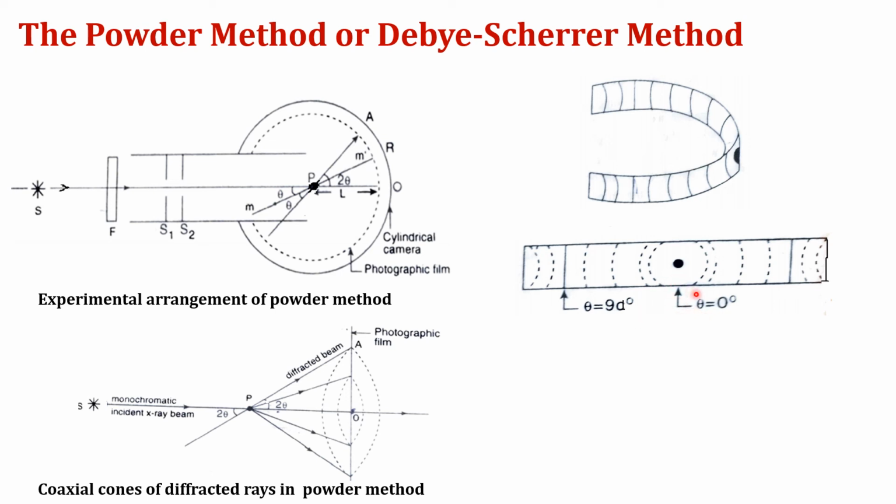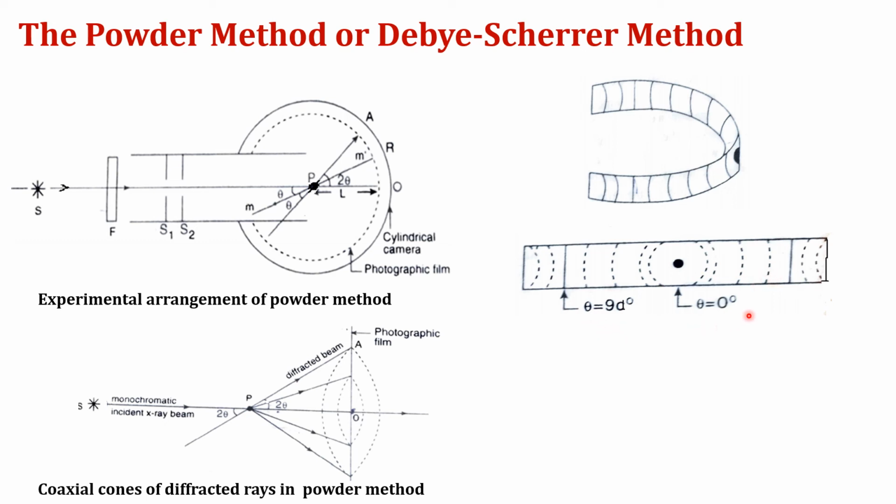As theta goes on increasing, very near to the center point we get a very small cone for one particular set of planes. It forms circular arcs. As theta goes on increasing, the arcs move away from the center.